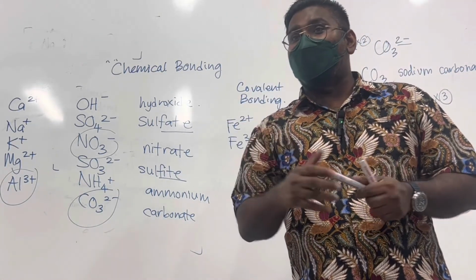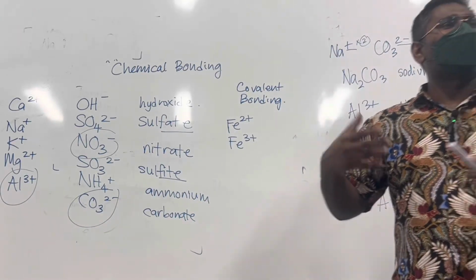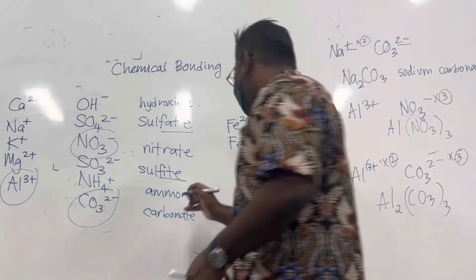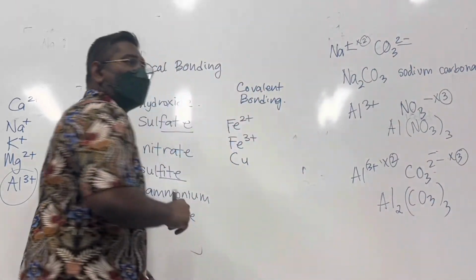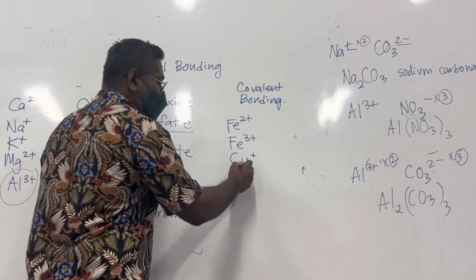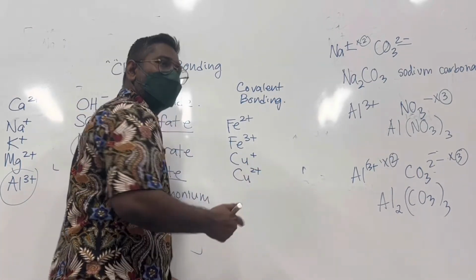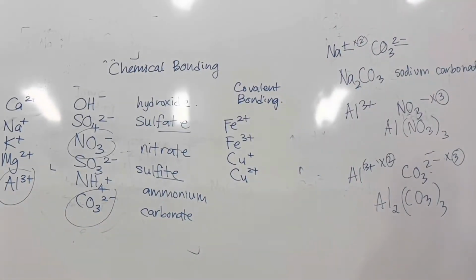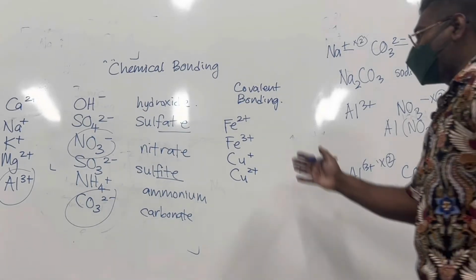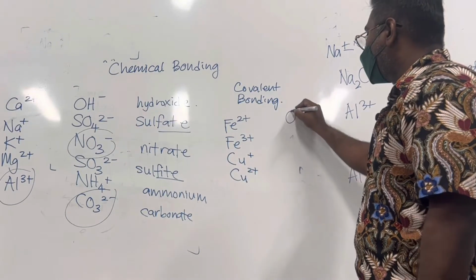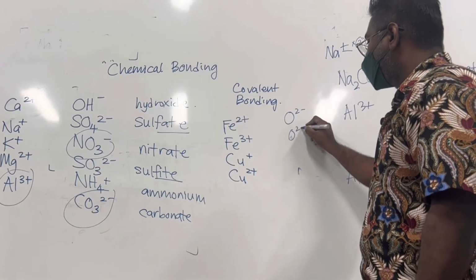It is very important to say, is it Fe2+ or are you talking about Fe3+? Another example is copper. We can have Cu+. We can also have Cu2+. Also a transition element. To prevent confusion, let's say for example all of them are oxides. I'm going to join this with O2-.